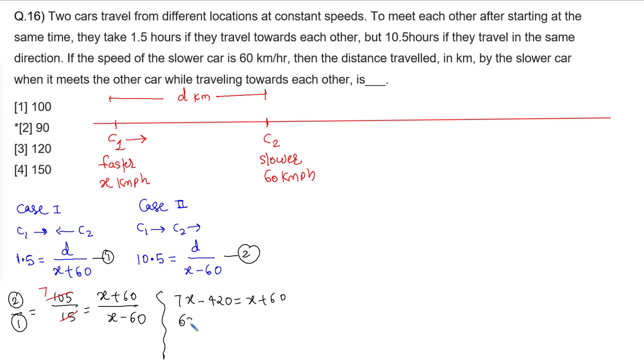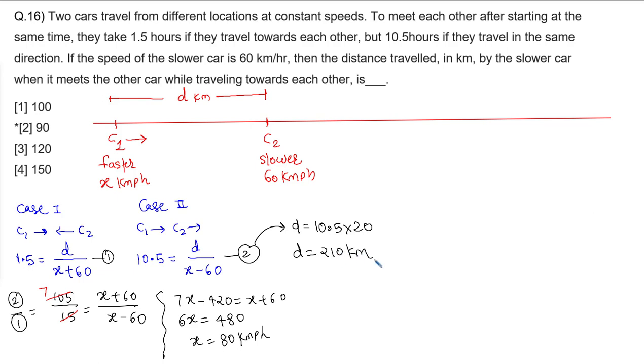So 6x is equal to 480. The value of x is equal to 80 km per hour. And after that, let's get the value of d. Let's put it in this equation. The value of d is equal to 10.5 into 20. The value of d is equal to 210 kilometers.